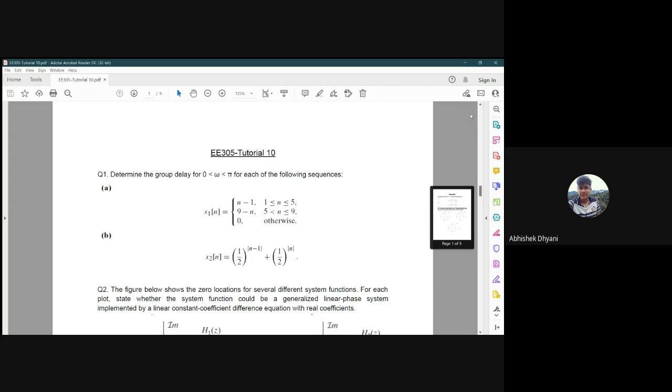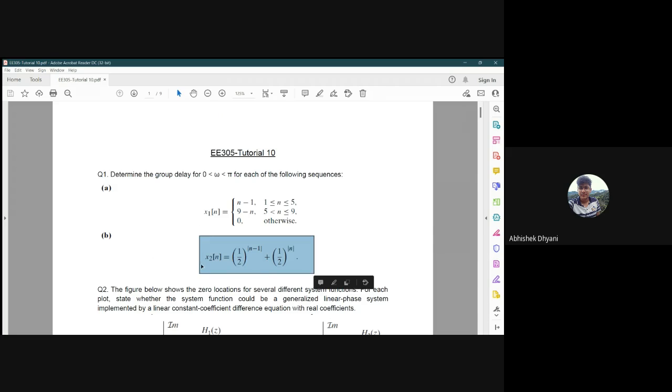We can do something like this for the second case as well. So in the second case, we have x2[n], which is this one. In this case, we have not been given for what values of n, but we can plot and we will be able to find out the symmetry.